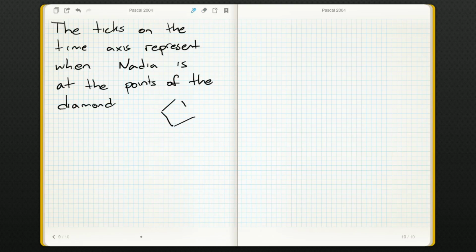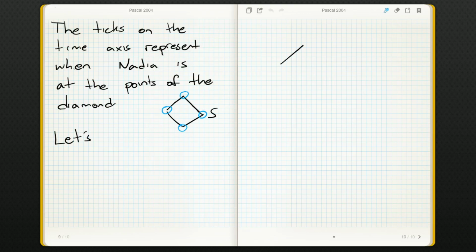So we have our square diamond. Well, I can draw that a little better, can't we? So there's S over there. So these are the points represented on the graphs. I'm probably going to need a bigger picture of the diamond just so I can demonstrate what's going on here.